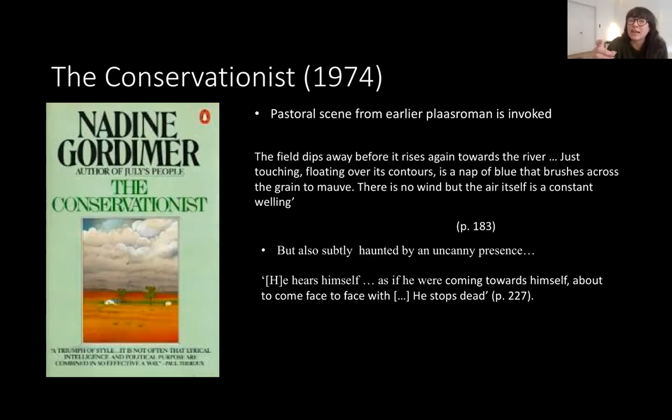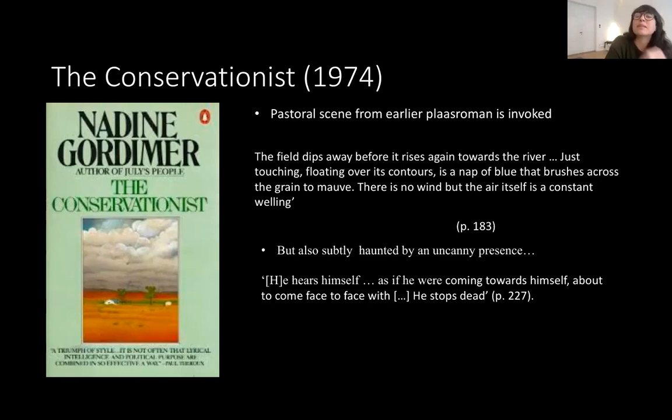And I read that sense of him becoming one with his landscape, or he feels that he is becoming one with his landscape, as Gordimer's translation of that sense of a naturalization of the white social order with the land that the earlier Plaasroman depicts as well.